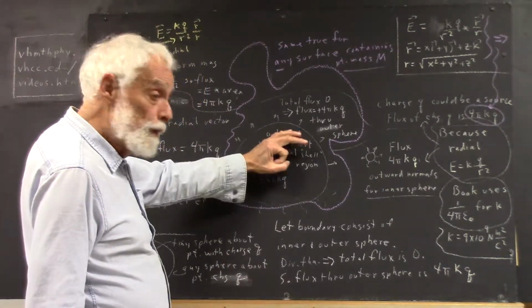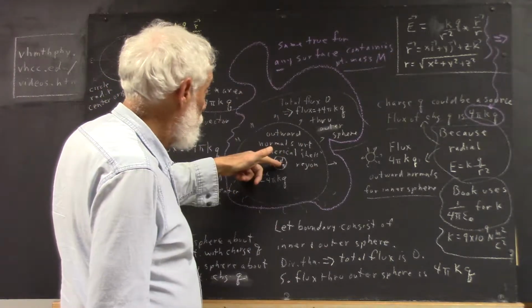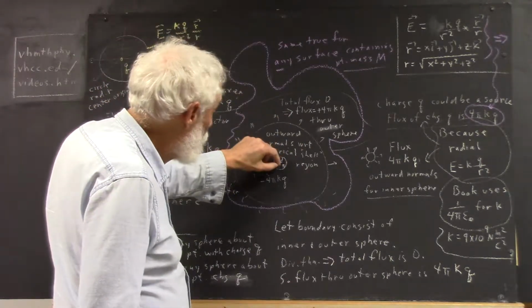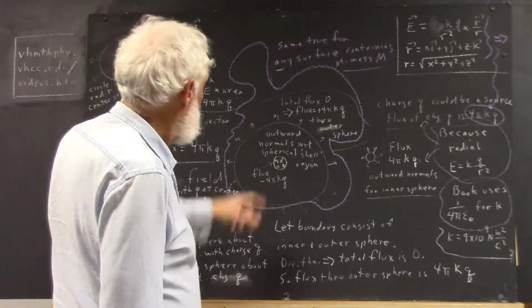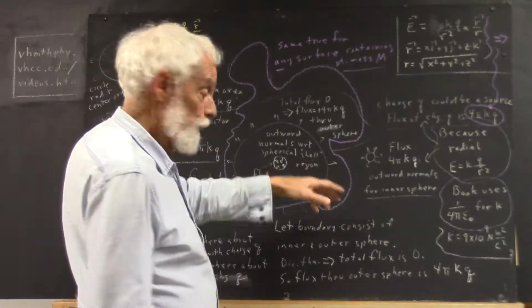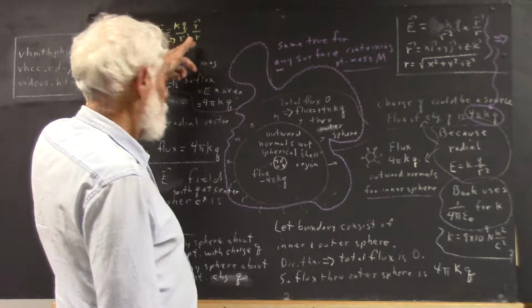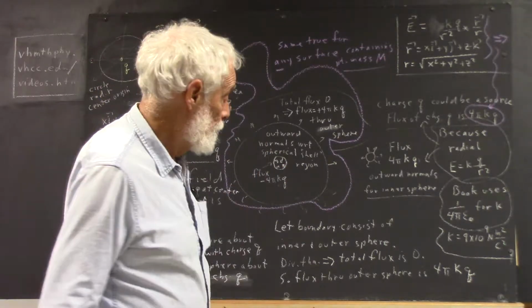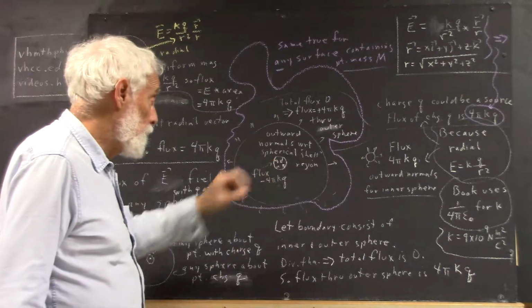The tiny sphere, the outward flux is 4 pi kq. Any tiny sphere surrounding this charge. Between that tiny sphere and whatever surface this is, divergence is 0 because the divergence of this function is 0 everywhere except where r equals 0, and that would be at the charge.